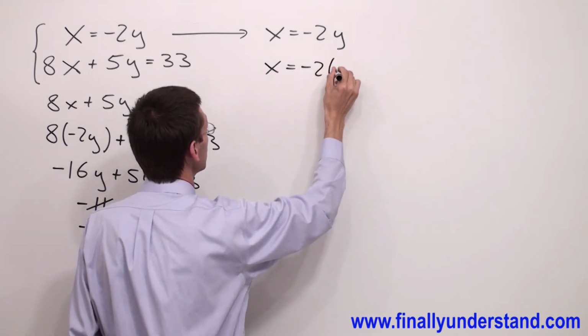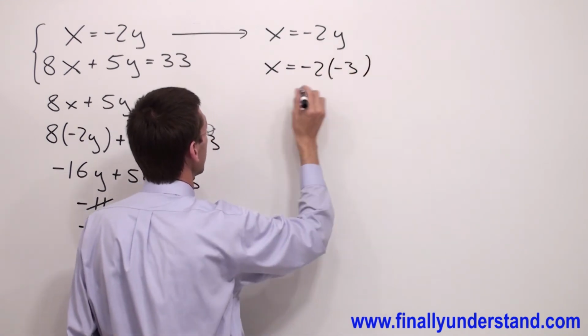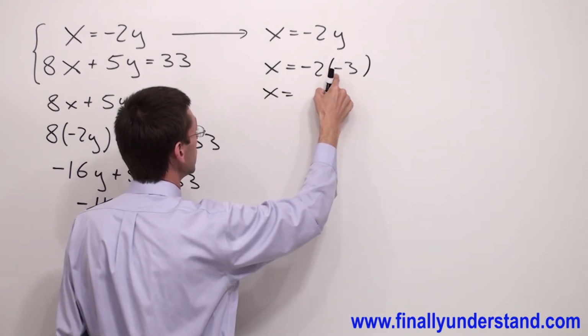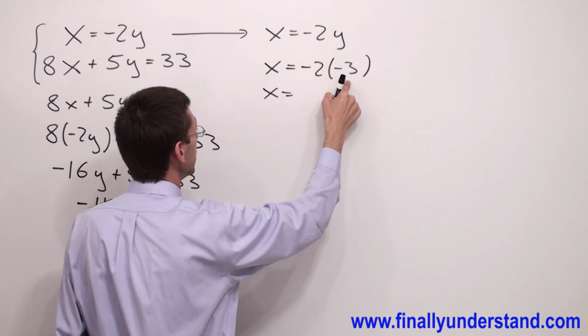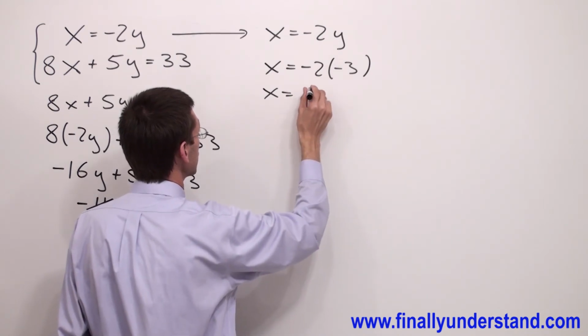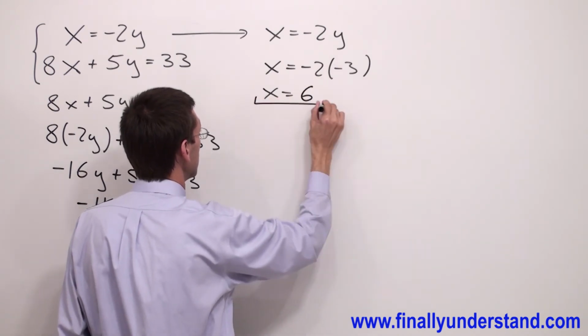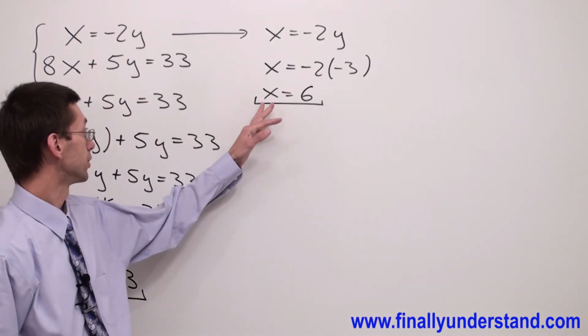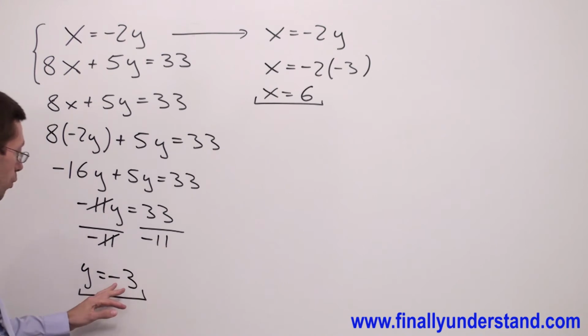Negative 2 times negative 3. X is equal to: negative times negative gives me positive, 2 times 3 gives me 6. So I found the values of my unknowns x and y.